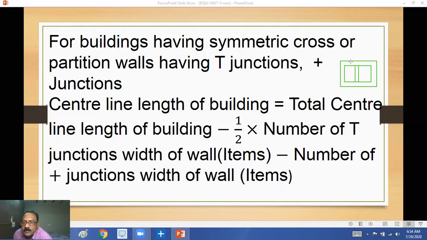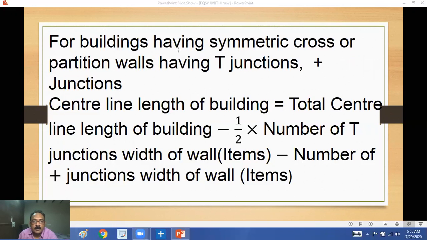This is known as a T junction, right? Suppose you have one more room here. Here, you see, this is a plus junction. Observe, this is a T junction and a plus junction.